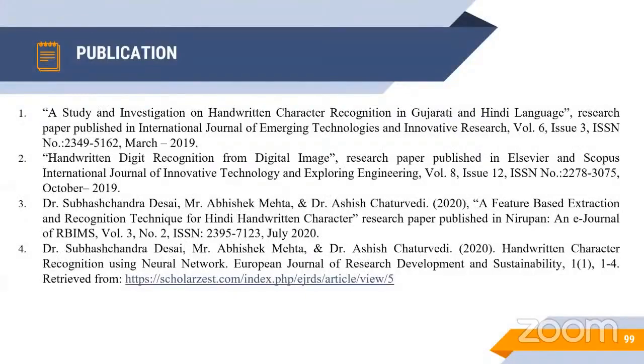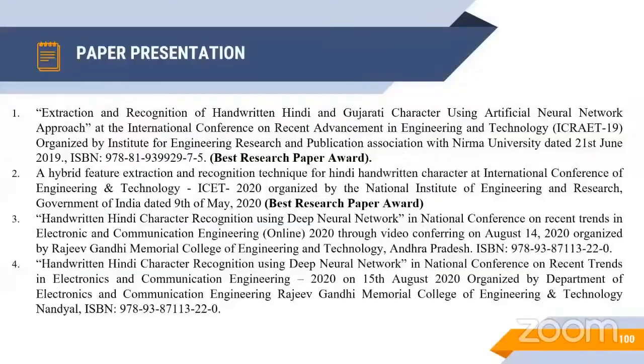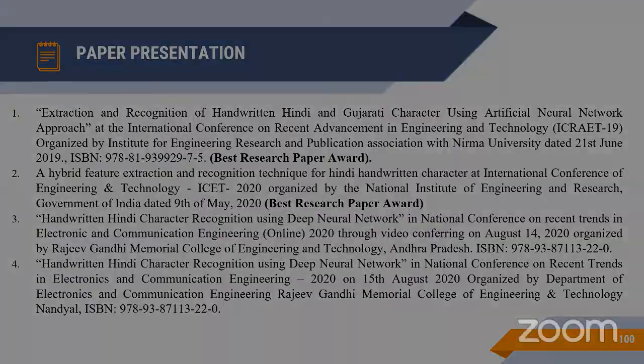These all are my publications, dear participants. These are all paper presentations in different conferences. I have also received the Best Research Paper Award two times. The first was at a conference organized by Nirma University, Ahmedabad. The second paper was presented at the National Institute of Engineering and Research, Government of India, where I received the Best Research Paper Award.